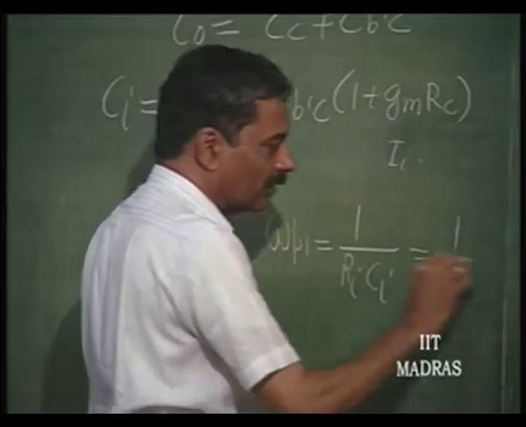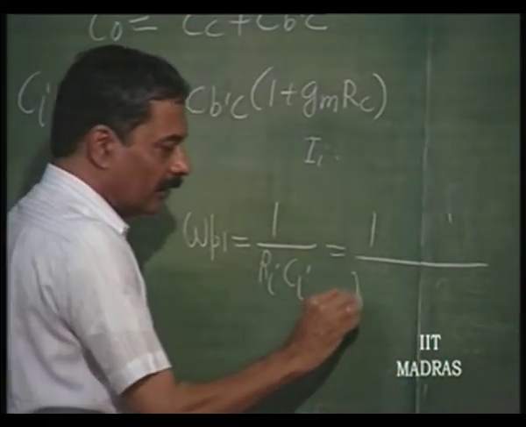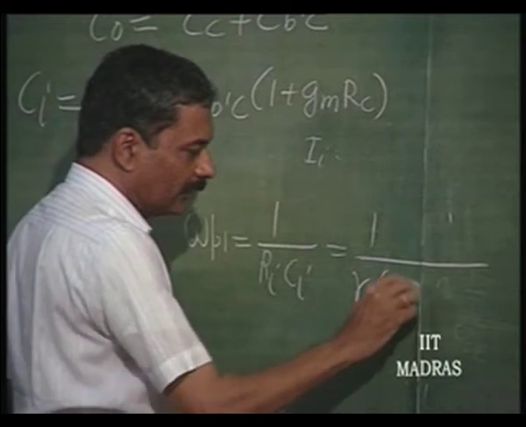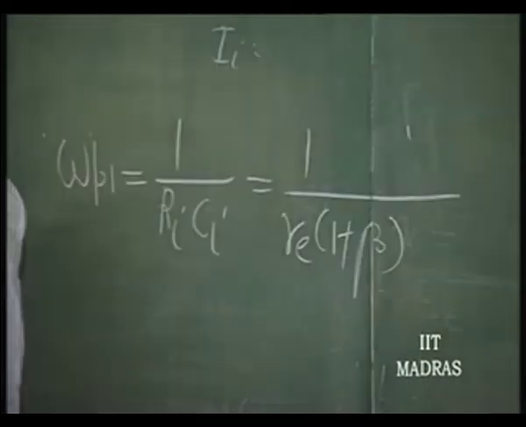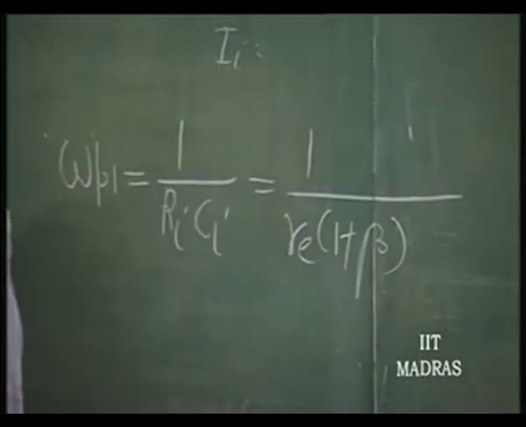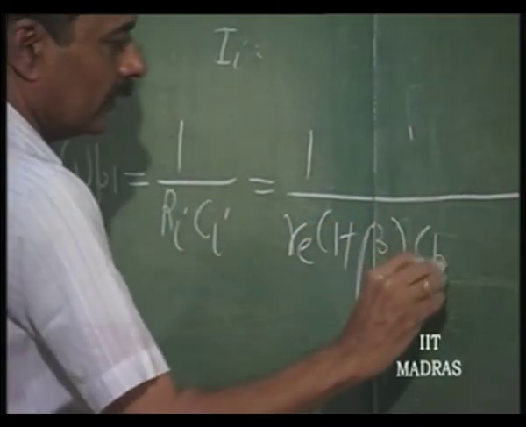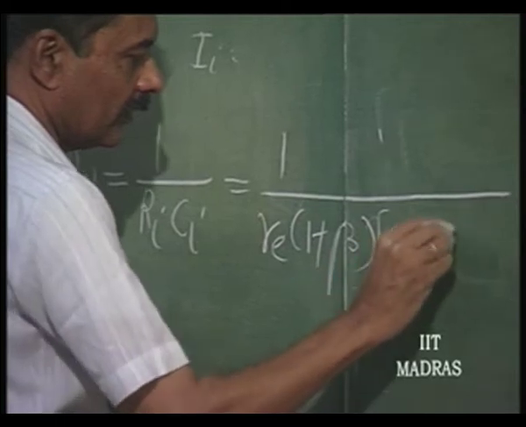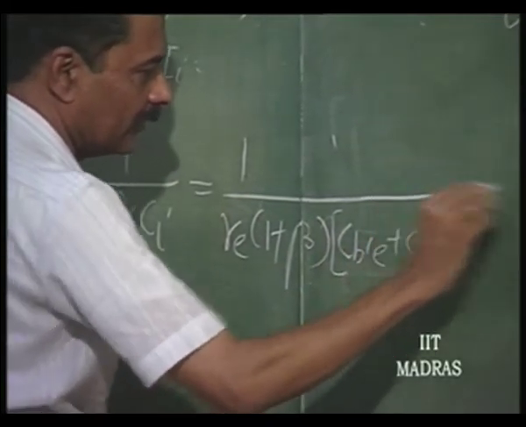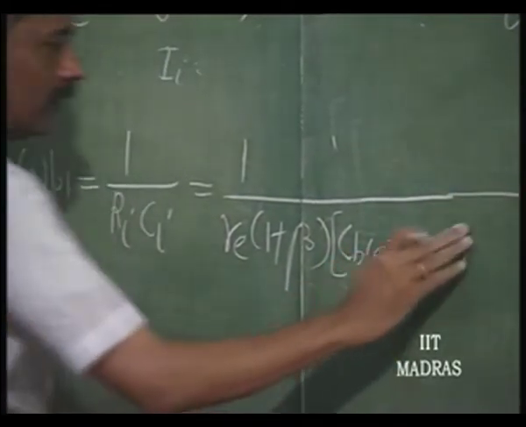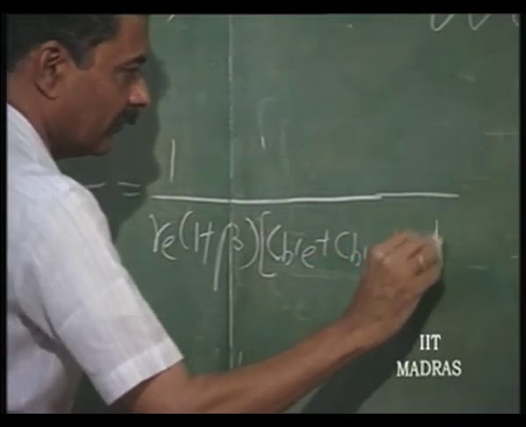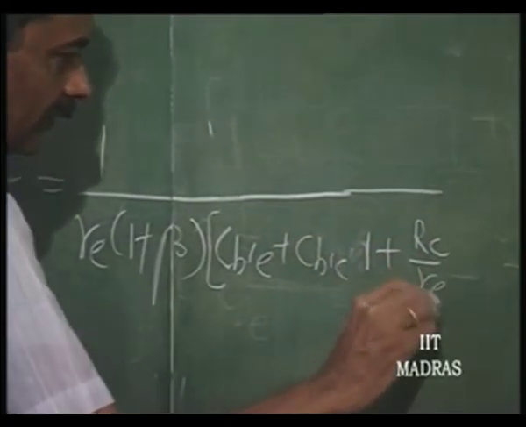That we know, for a common emitter amplifier, that is r e into 1 plus beta, the input resistance. That into C I, which is C B dash E plus C B dash C into 1 plus G M, that is R C divided by r e.